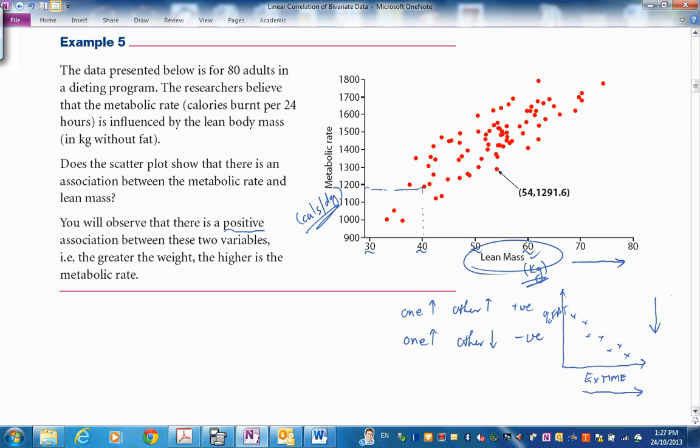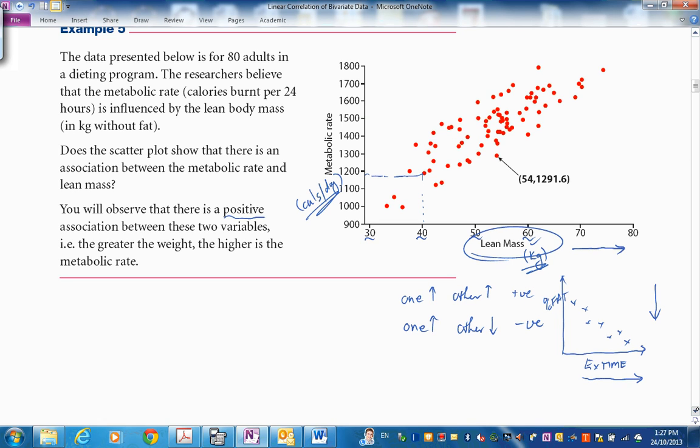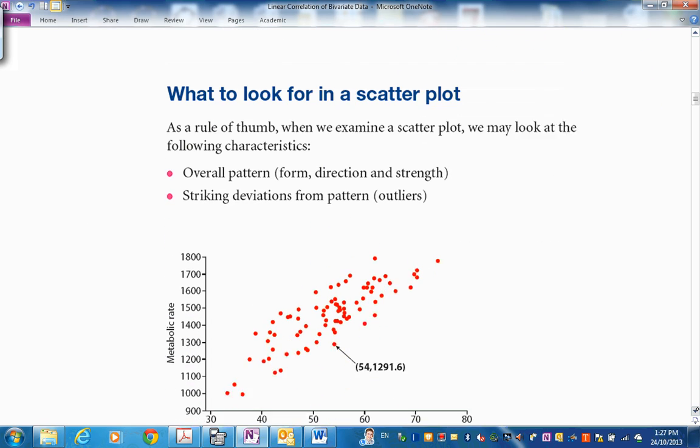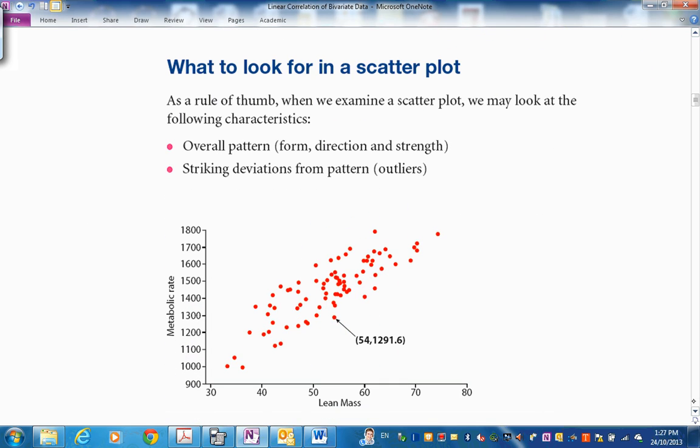Well, that's a negative association, or a negative correlation, as we'll say later on. It's how they're associated or moving together or related together or correlated. Okay, got the idea? Well, this is a good, interesting study. So let's go on and have a look at what to look for in a scatter plot. And then we'll have a look at how to draw one using the calculator.